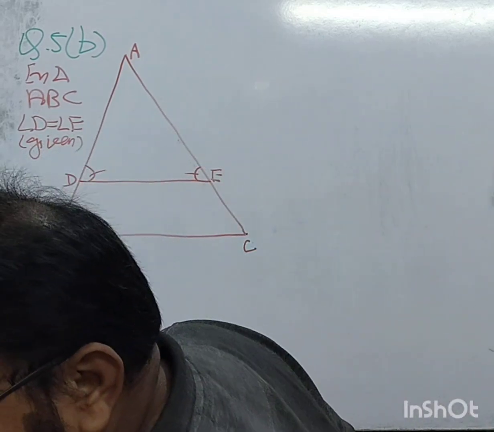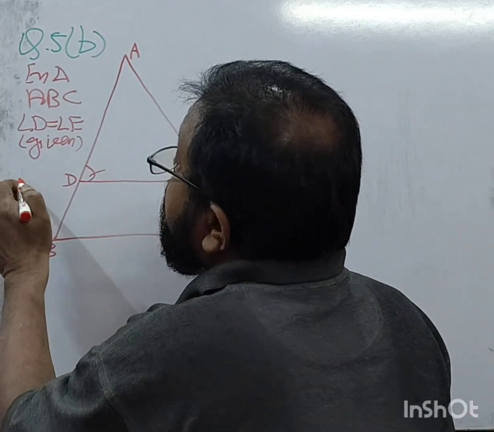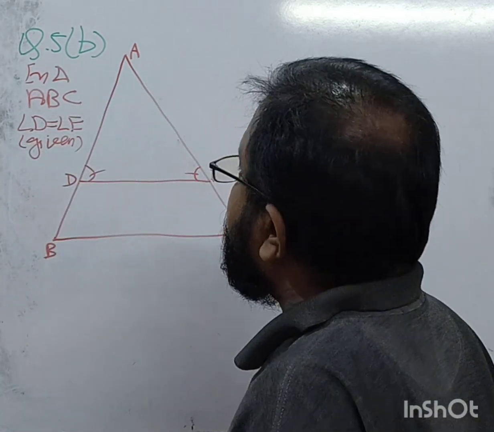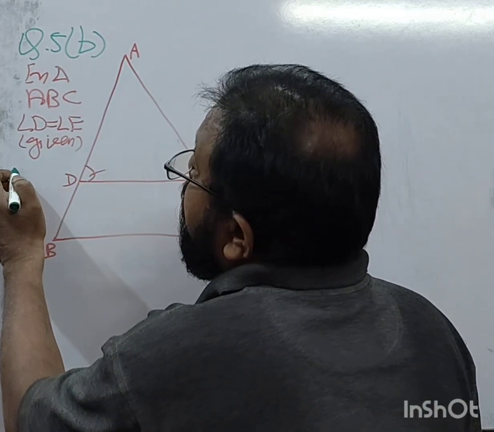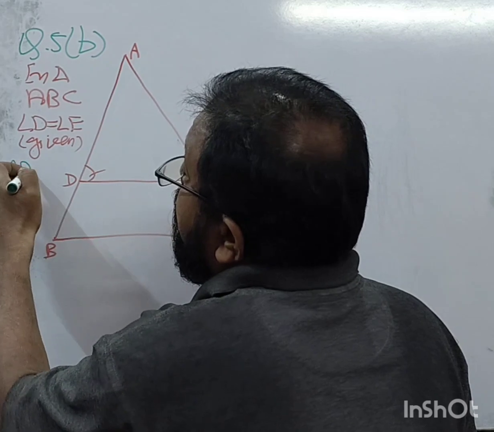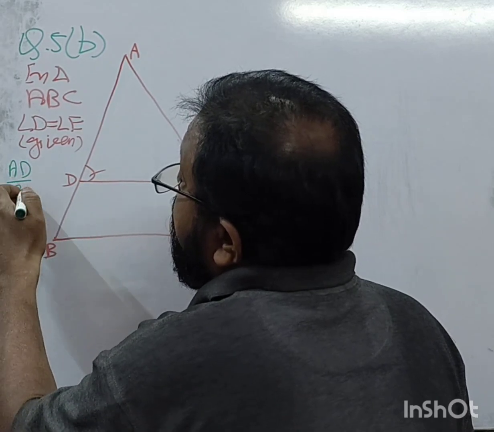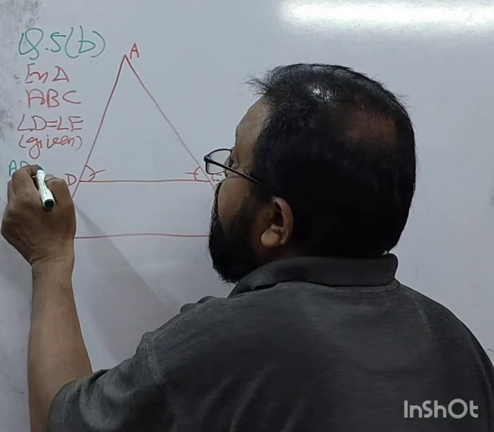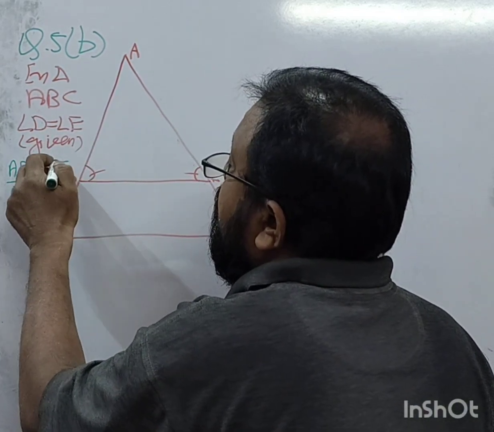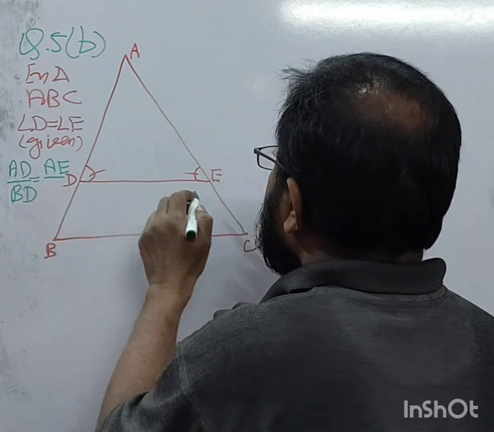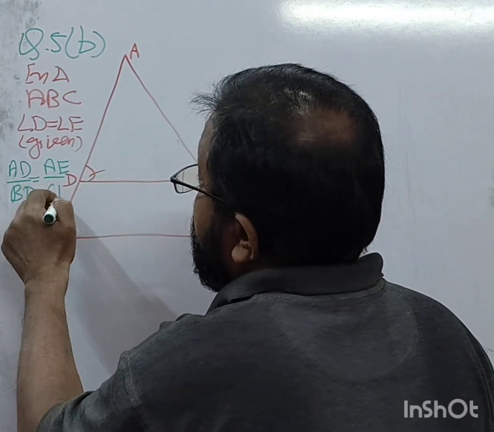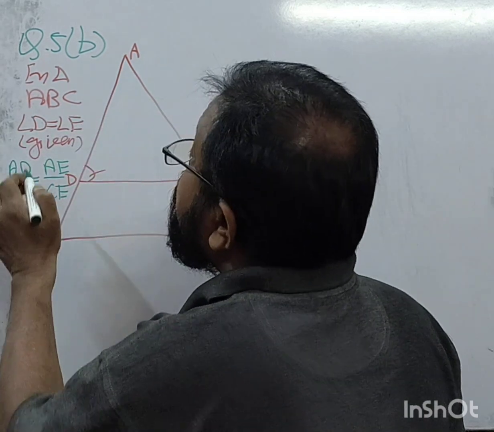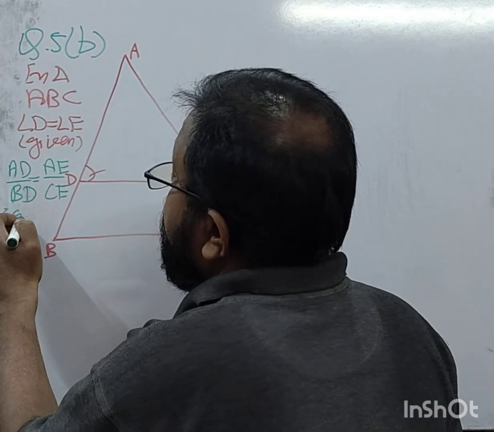And it is also given to you that AD upon BD is equal to AE upon CE, right? This is also given.